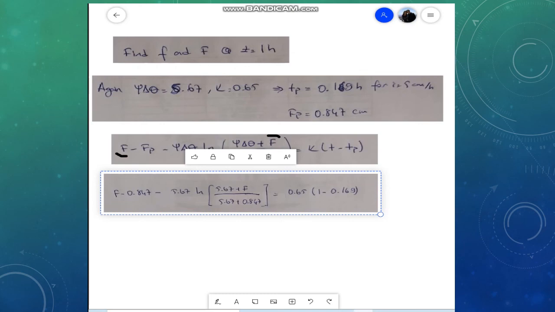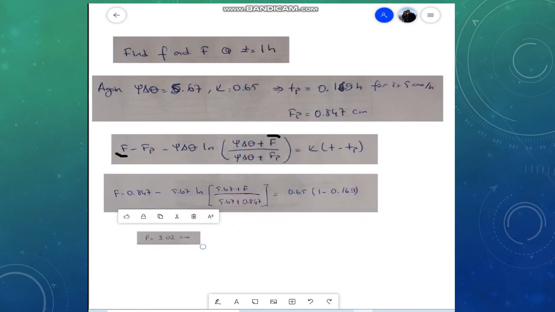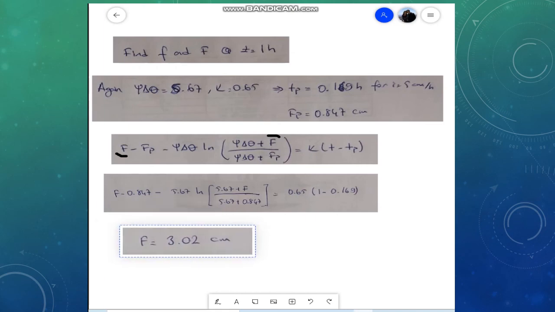After we plug this in, I'm making trial and error, so I'm gonna skip this procedure. I made the iterative procedure in the first example. You end up with 3.02 centimeter for f.